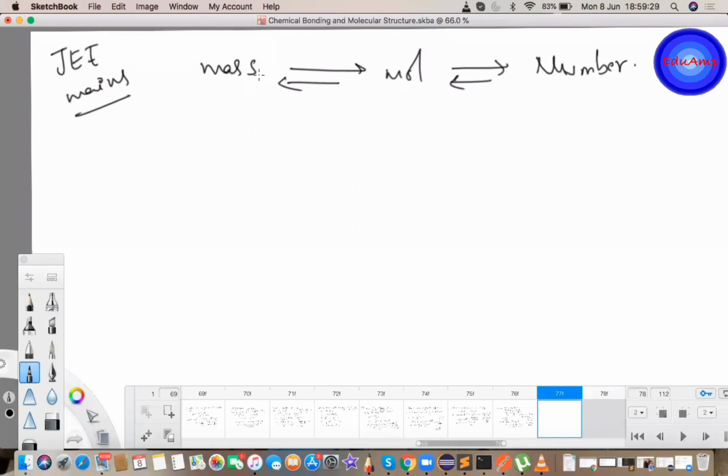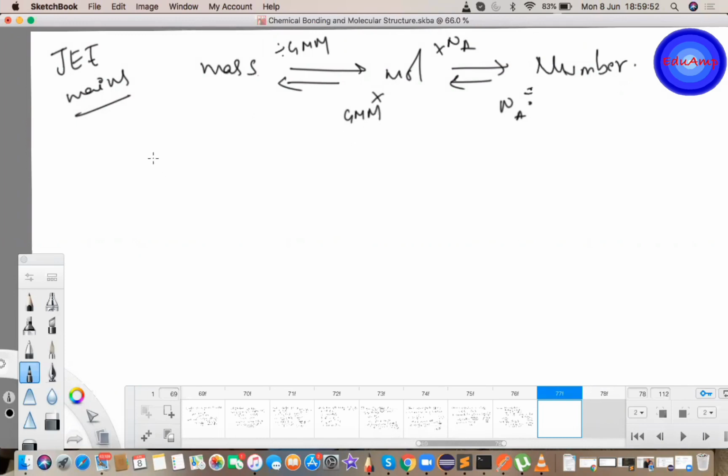If mass is given, you have to calculate mole first, that is by dividing it by gram molecular mass, you will get mole. And just multiply mole by Na, you will get number. If number is given, divide number by Na, you will get moles. And when you have to calculate mass, just multiply moles by gram molecular mass, you will get mass.